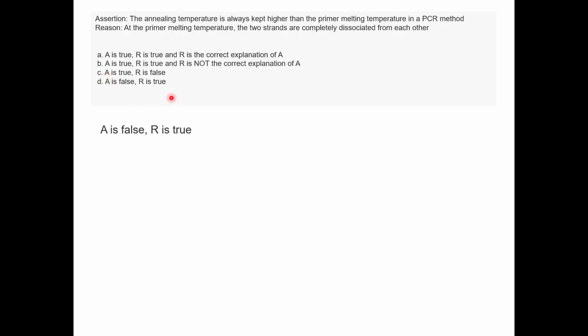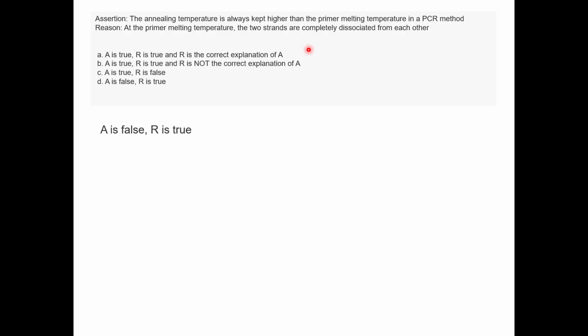R is actually partially true. It depends on what sense the statement is made. If it means that its main function is to dissociate the strands from each other completely, then yes, primer melting temperature does dissociate it, but it is not throughout, because melting temperature itself is defined as the temperature at which 50% of the DNA strands are dissociated.